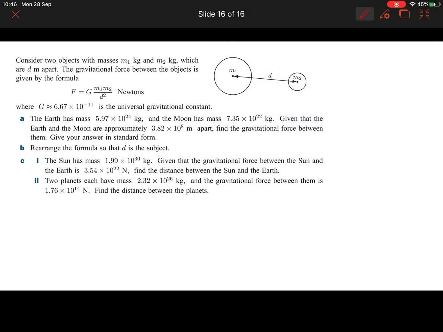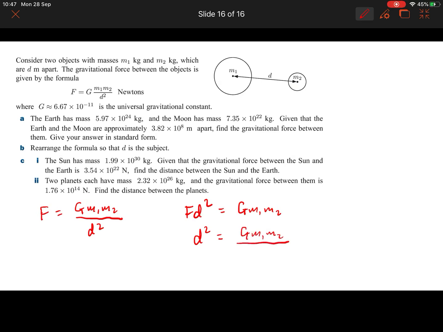Done lots of work on standard form. Okay, now it says rearrange the formula so that D is the subject. I'm just going to rewrite it so that it's a bit clearer. This just means F is equal to G M1 M2 over D squared. So multiply both sides by D squared. I'll get F D squared equals G M1 M2.